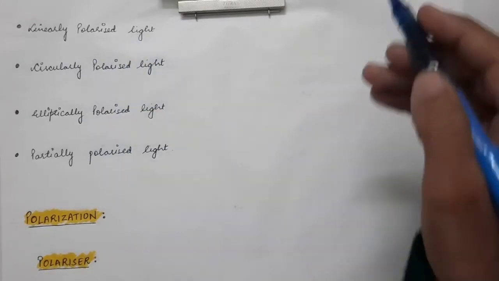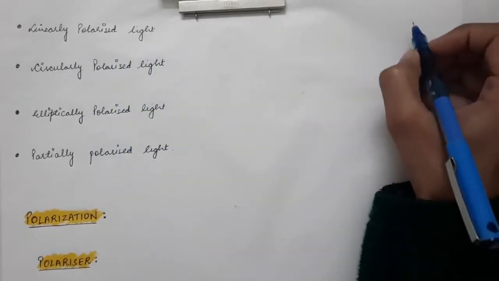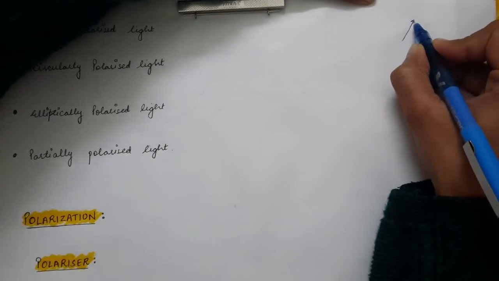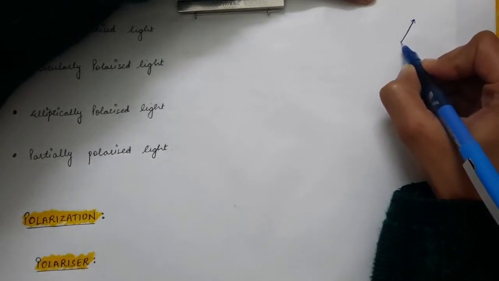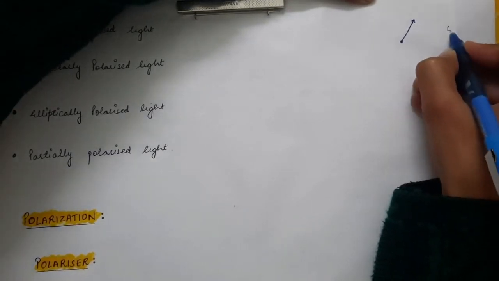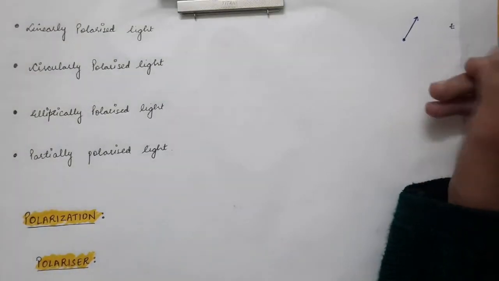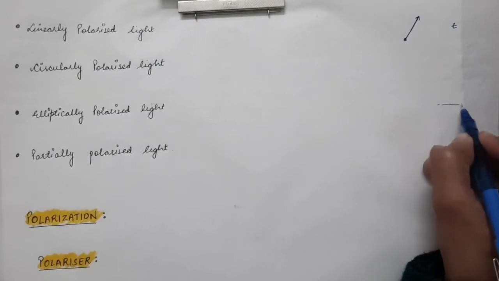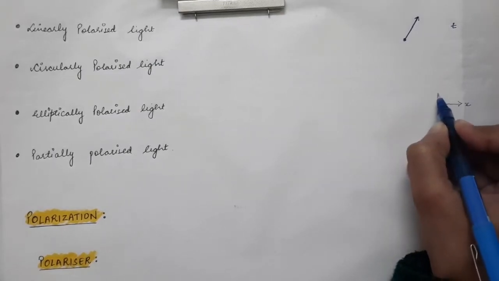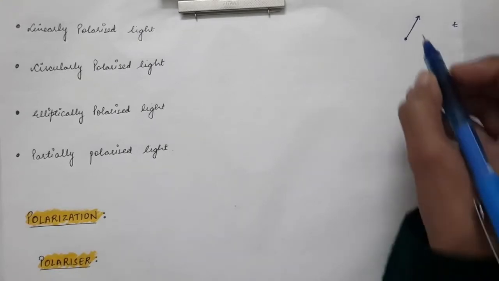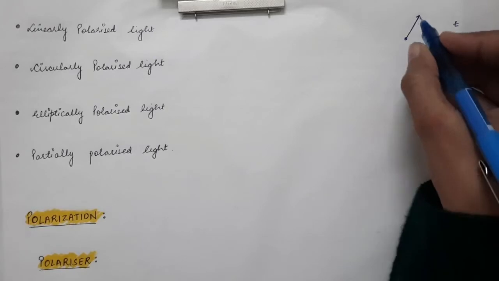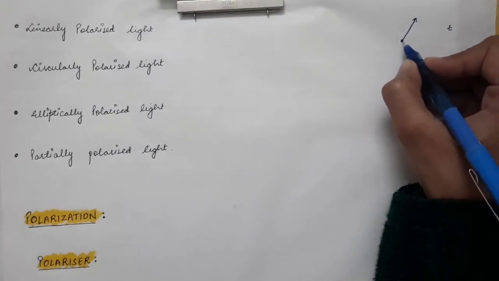First of all, what we did was the concept that the electric field at any point in space and at any instant of time, let's say at this point in space and at any time t, looks something like this. Taking the convention that this is the x-axis and this one is the y-axis, this electric field can be resolved into two perpendicular components.